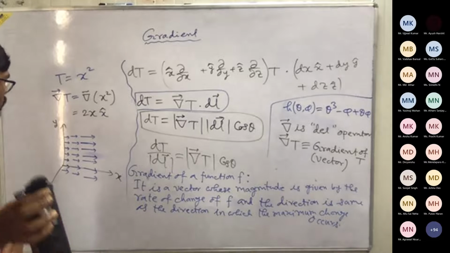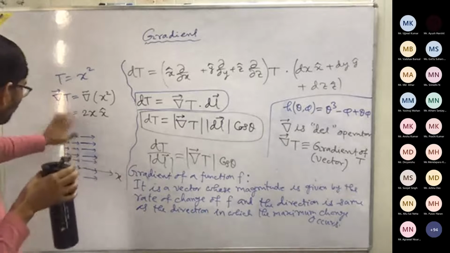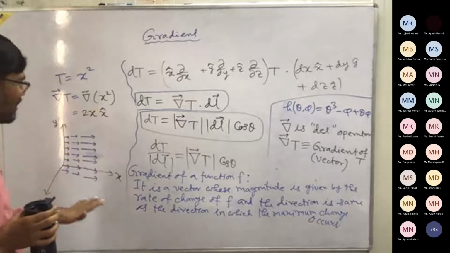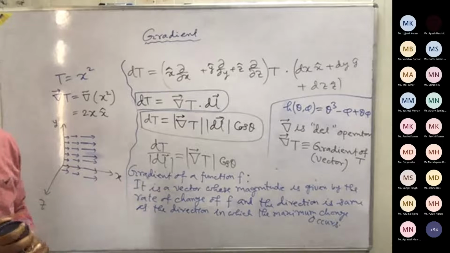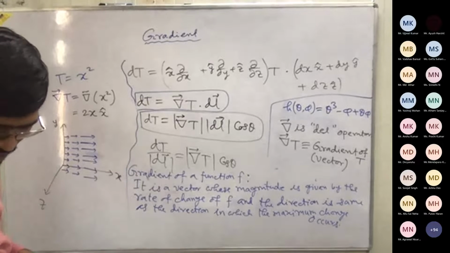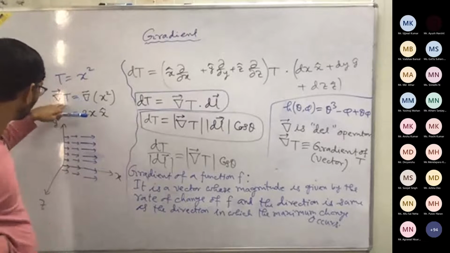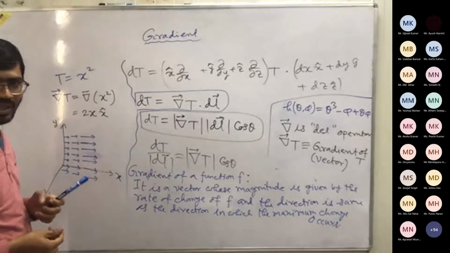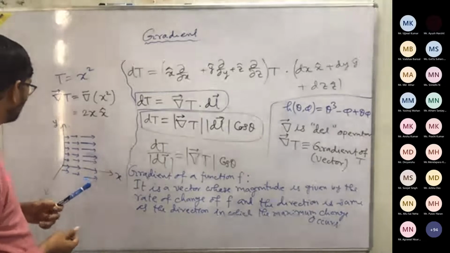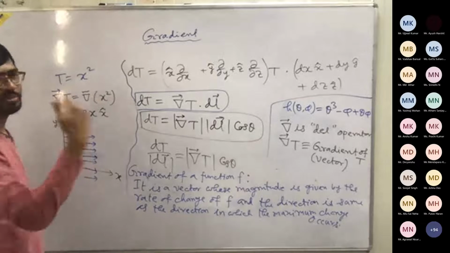So now we can say that the gradient of T becomes a vector field. When you take an example, it is very obvious, and you can pictorially visualize this function. T is x square, and it has only x dependence.